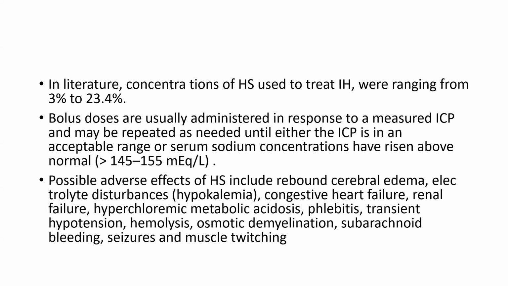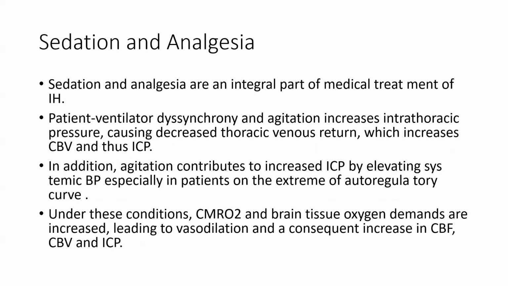Possible adverse effects of hypertonic saline include rebound cerebral edema, electrolyte disturbances, congestive heart failure, renal failure, hyperchloremic metabolic acidosis, phlebitis, transient hypotension, hemolysis, osmotic demyelination, subarachnoid bleeding, seizure, and muscle twitching.